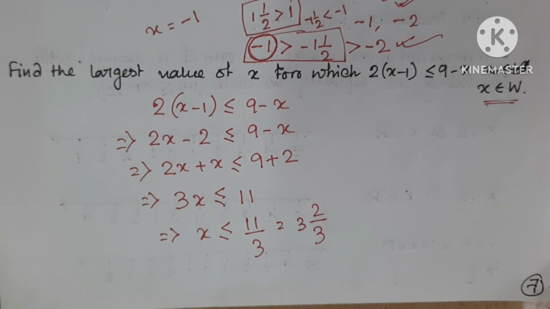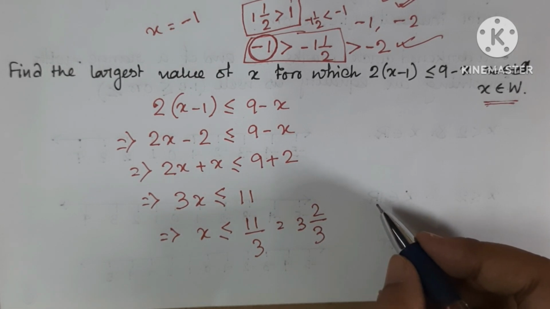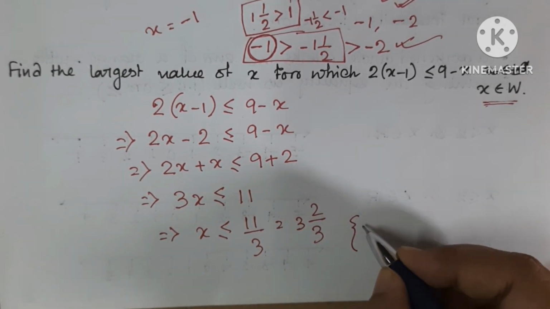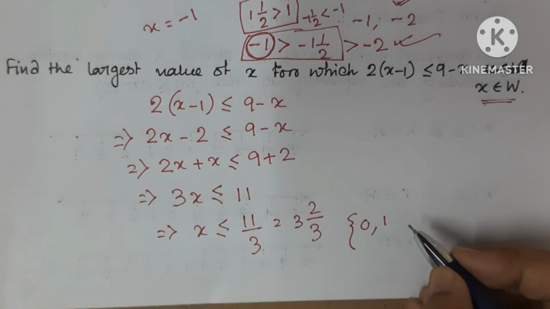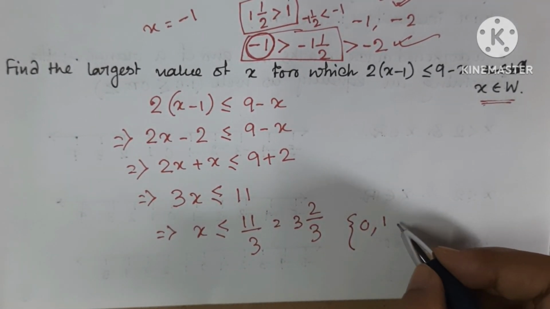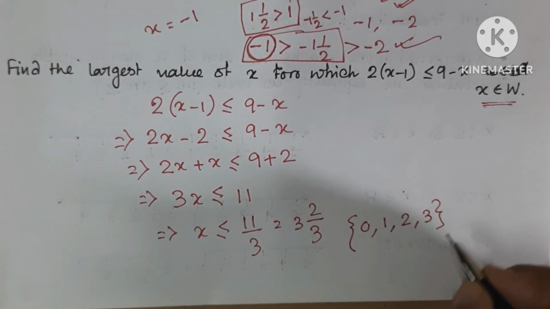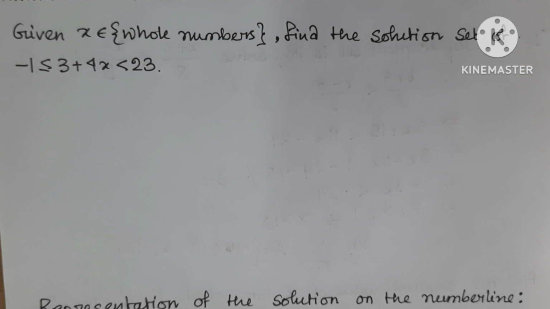Say x replacement set is whole number. That means you have to consider 0, 1, 2 and 3.